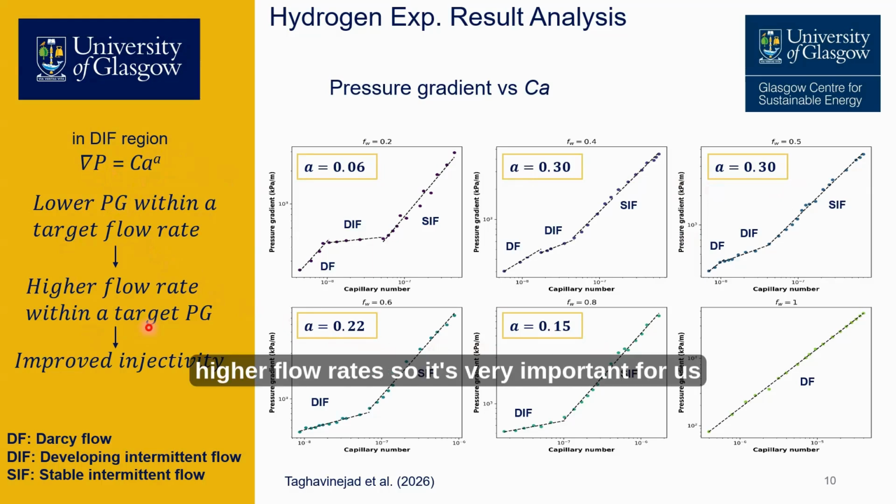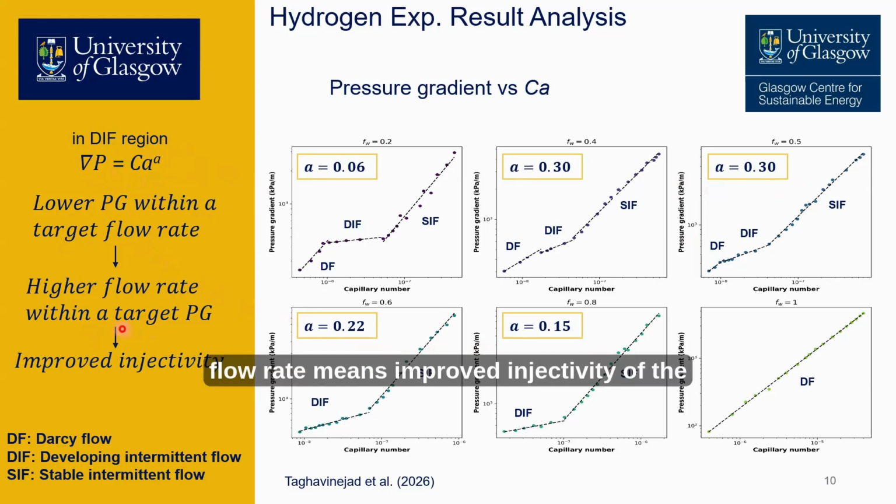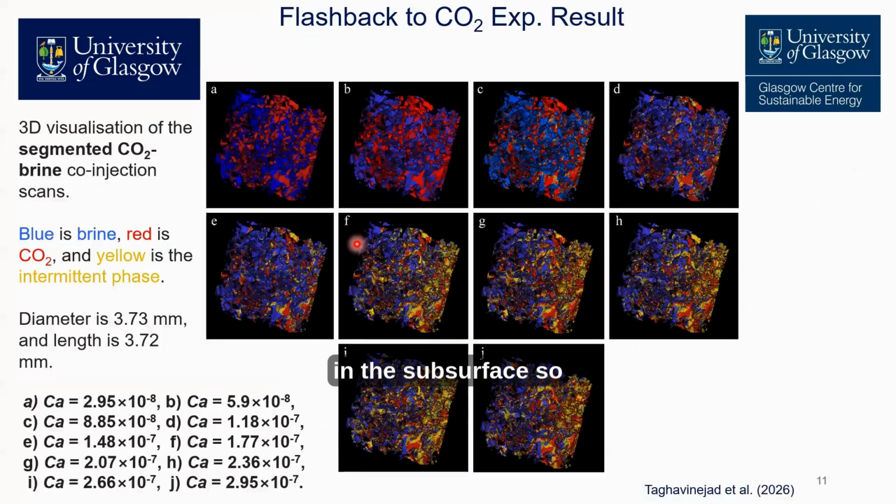So it's very important for us because higher flow rate means improved injectivity of the gas into the subsurface. So we can say this intermediate region or transitional region is a sweet spot for us, bringing about improved injectivity in the subsurface.